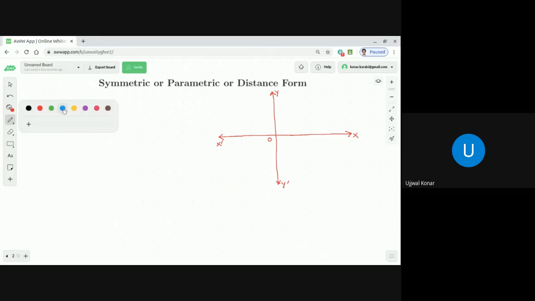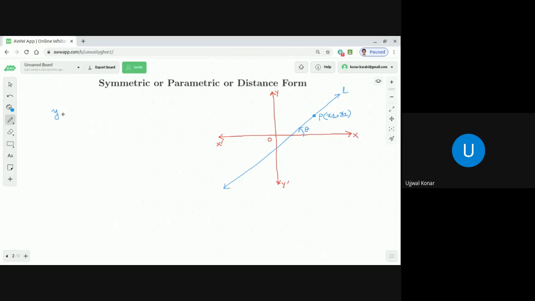So let's first draw the straight line in blue color. Suppose this is one such straight line L, passing through a fixed point, and it makes an angle theta with the positive direction of the x-axis. Then what is the equation of this straight line?